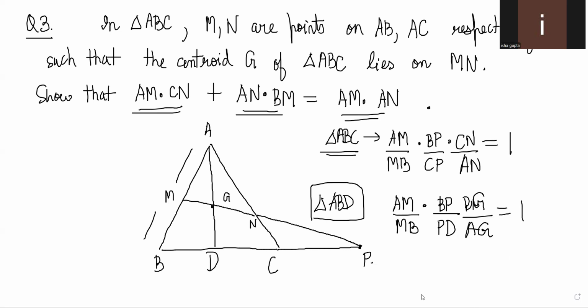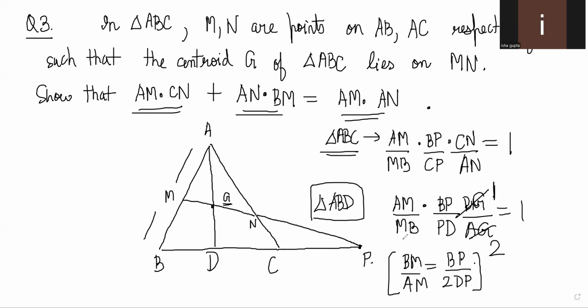One thing that we know is the DG and AG ratio because it's the centroid, so DG by AG will be 1 is to 2. So we can say 1 here and 2 here, and basically BM by AM is equal to BP by 2 DP.